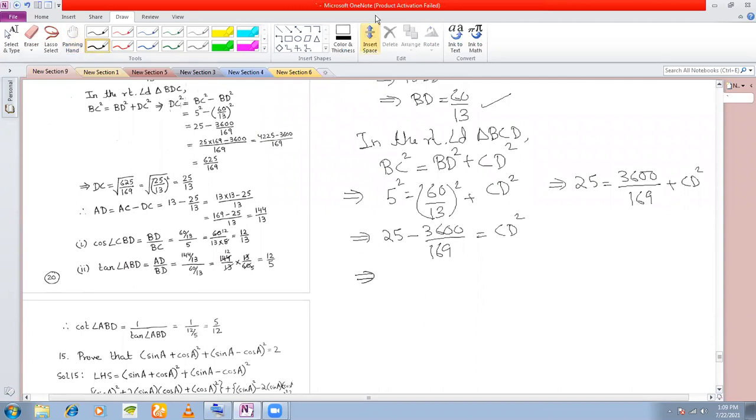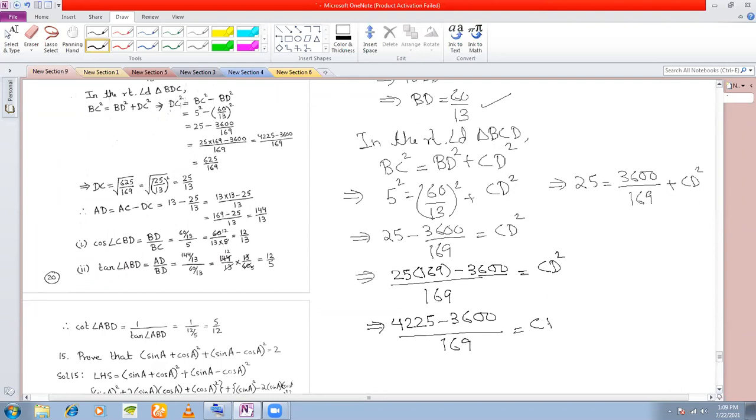That means CD square, take the LCM here only, no problem. Take the LCM 169. So you get 25 into 169 minus 3600 is equal to CD square. 25 into 169 is 4225 minus 3600 divided by 169 is equal to CD square.